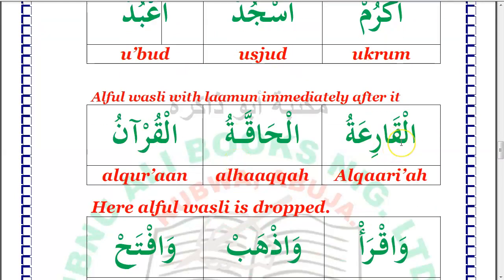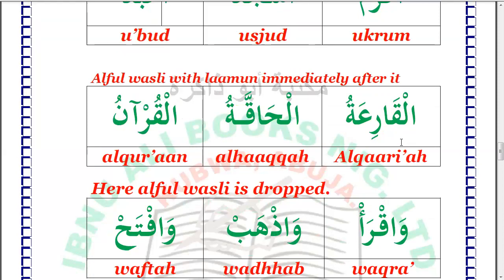Okay, here is the fourth rule, where we said that if you find alif al-wasli at the beginning of a verse of the Noble Quran, and after alif al-wasli you see lamun immediately after it, that lamun is telling you to give the alif fataha.